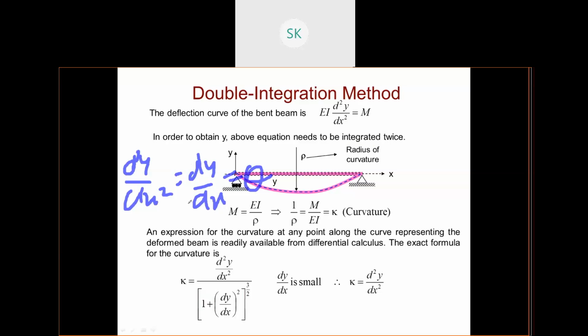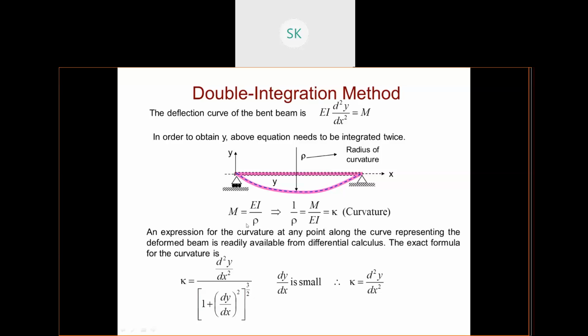Again, if I integrate this one, I'll get y, which is our deflection. So just be clear about this. In order to obtain y, the above equation needs to be integrated twice, and this equation needs to be integrated once to get the slope.